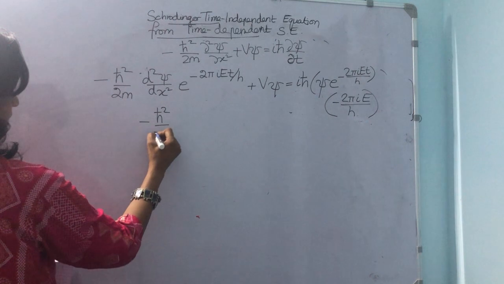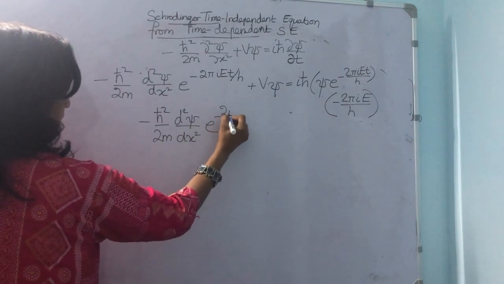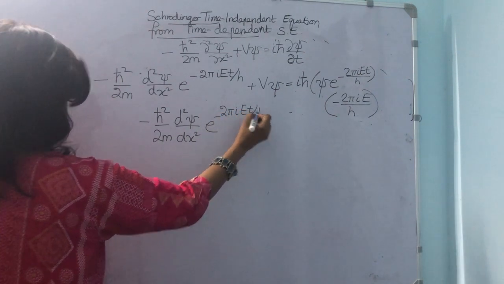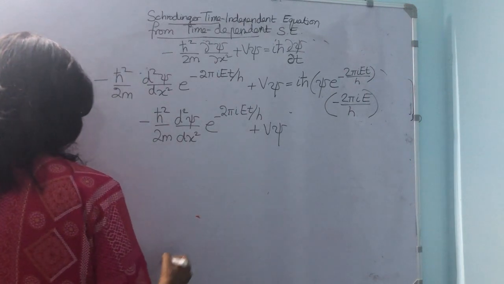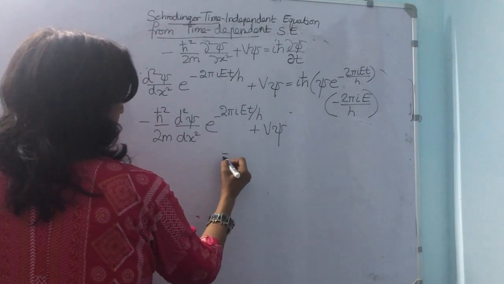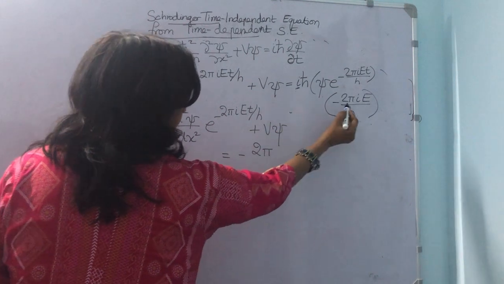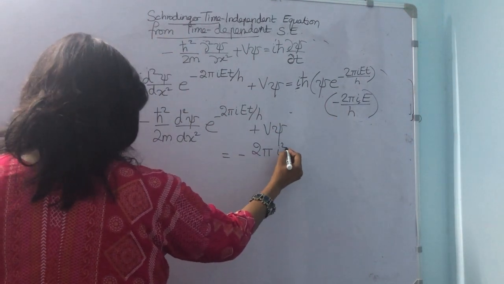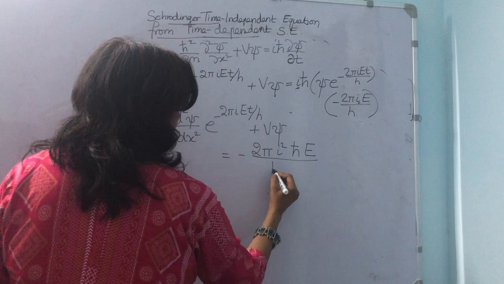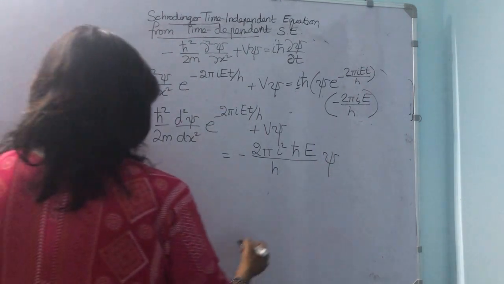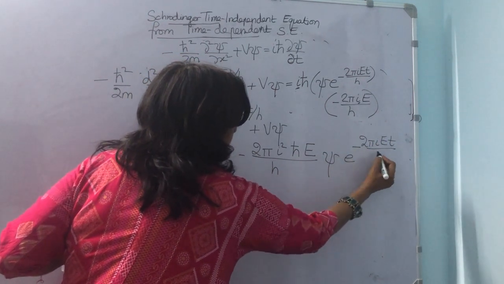It becomes minus h bar square upon 2m d2 phi by dx2 e^(−2πi Et/h) plus V phi is equal to, this i and this i get multiplied, i square h bar E upon h phi e^(−2πi Et/h).